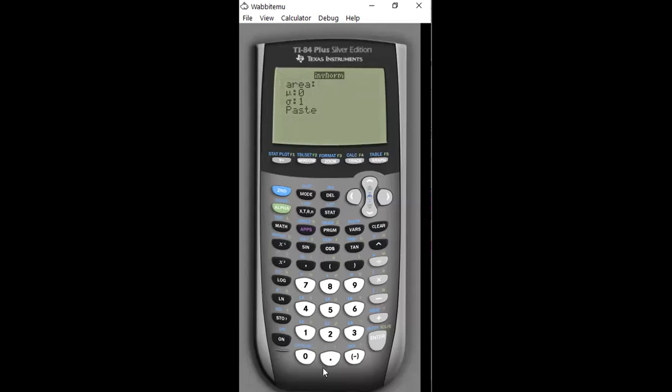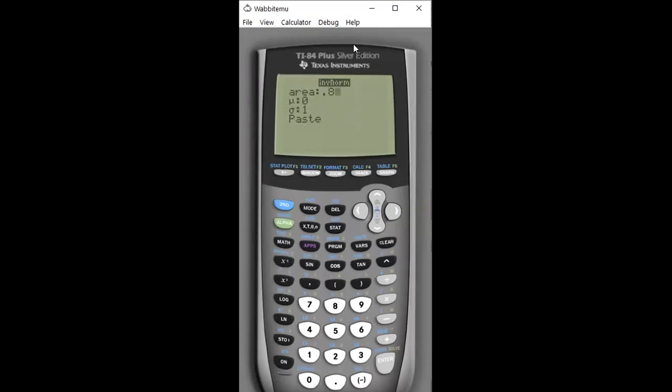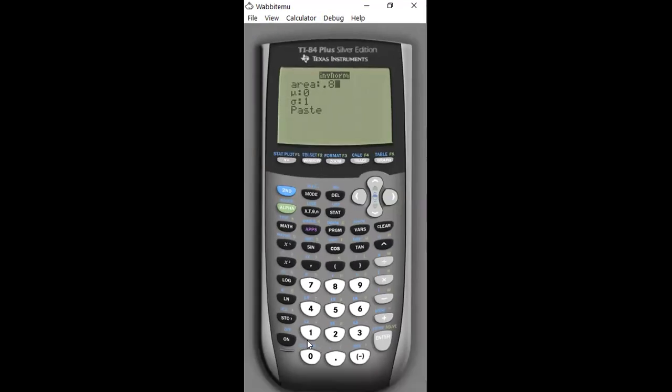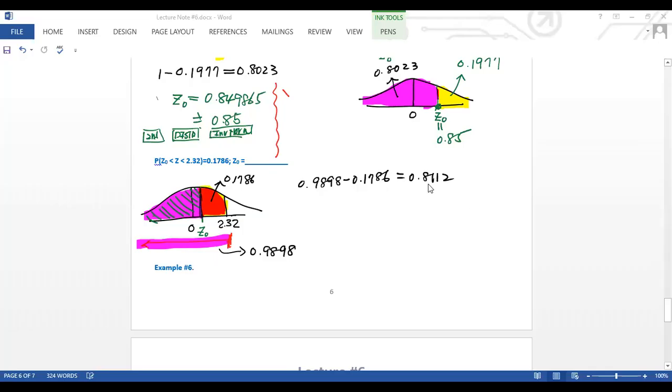It's the left-hand side area, so it's a point 8112, correct? All right, so then I got my z0 is a point AA23, right? AA23. So that is what my z0 is here.